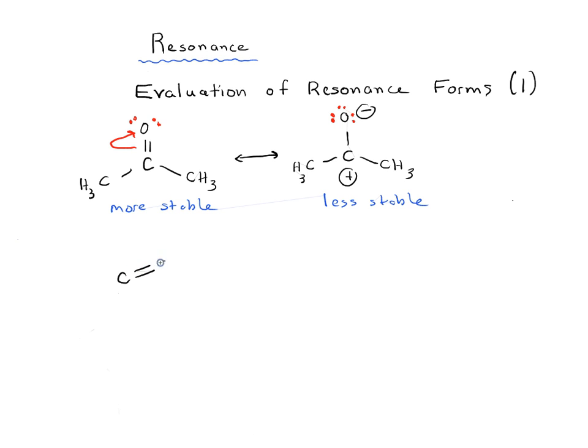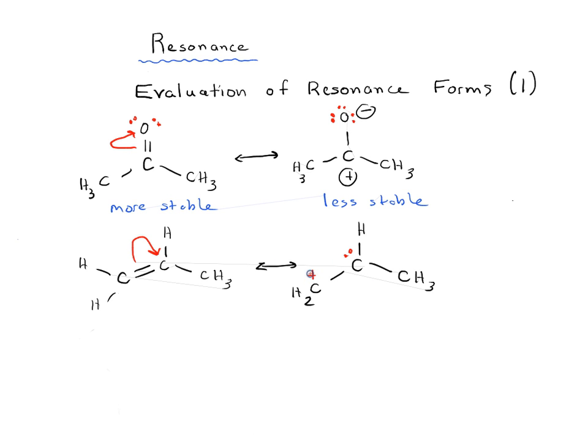Let's take carbon with CH3 and put in an alkene here, and let's draw the resonance form for this molecule. So let's say that we broke this bond and we put a positive charge over here. CH3, CH2, and this now has a pair of electrons on it.